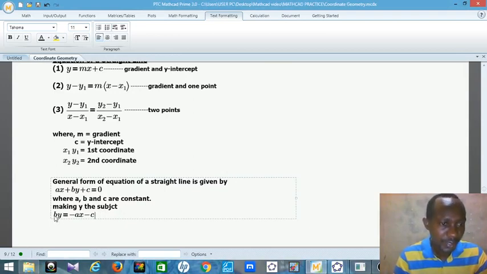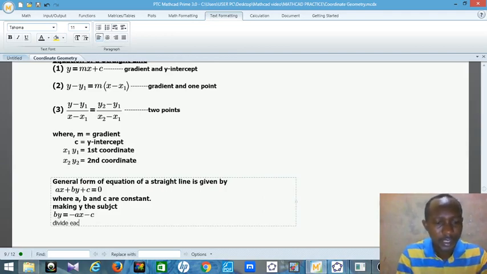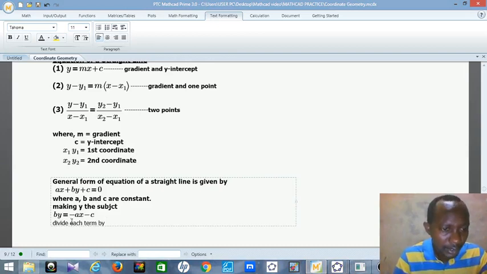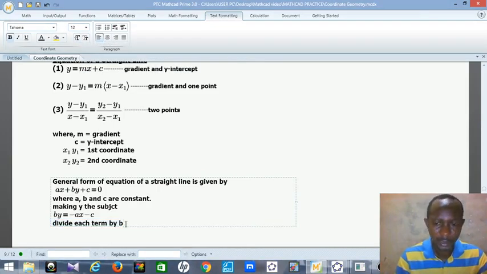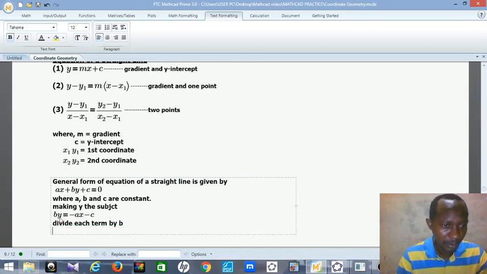Then the next thing is to divide. Let's divide each term by b. You are going to get this. Let me put it in fraction so that you can see it.